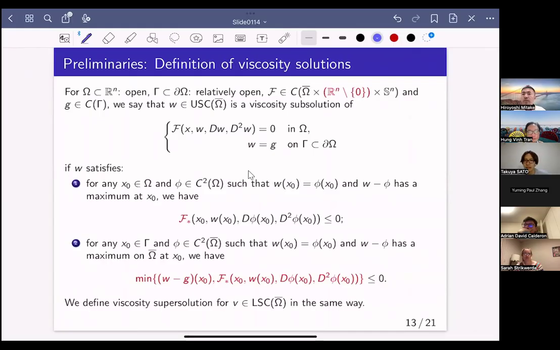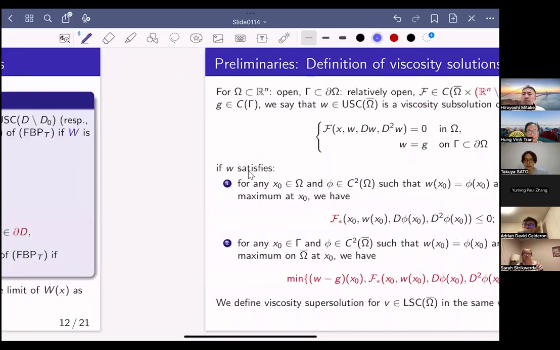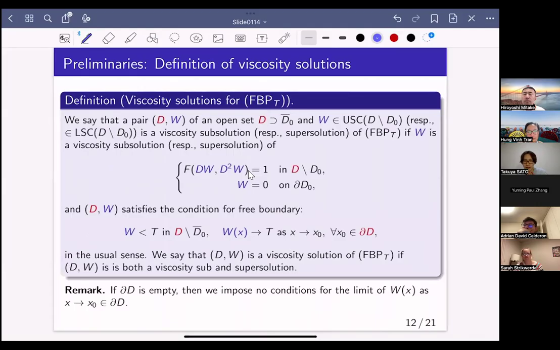And your W satisfies the elliptic equation, so you have equalities there, right? It's not an inequality? No, it is less than or equal to 1.